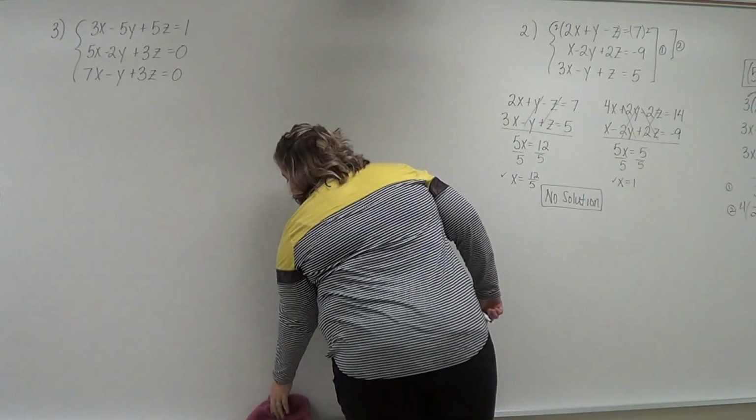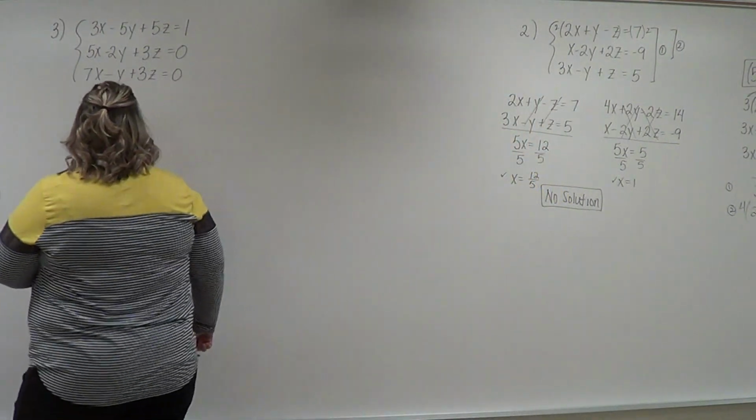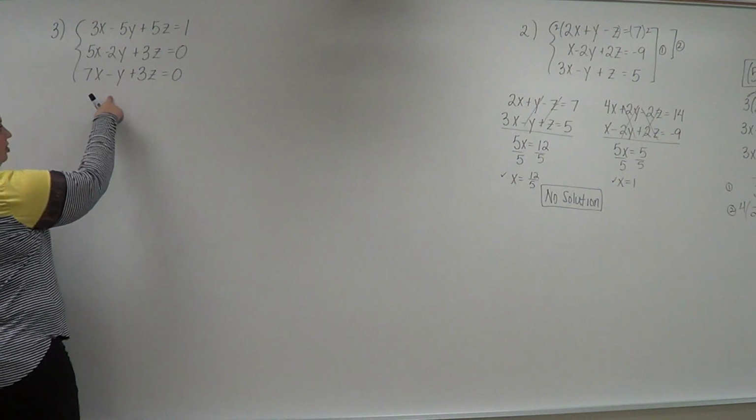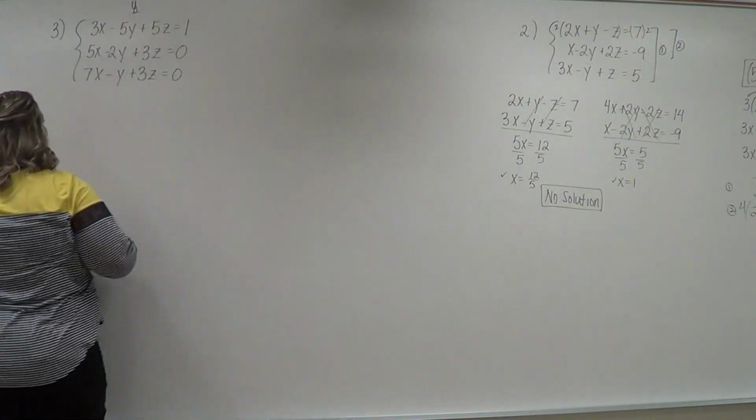They all three have all three variables. So just by looking at this, I'm going to cancel the y's, just because I already have an equation that just has a y, so it saves me a little bit of time.